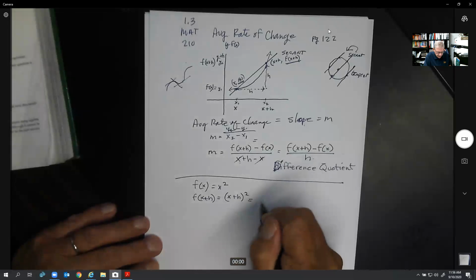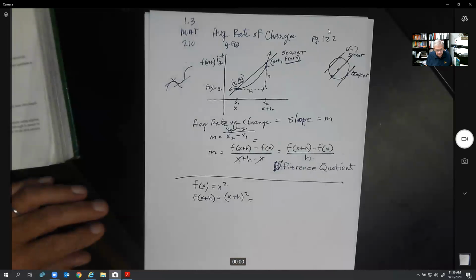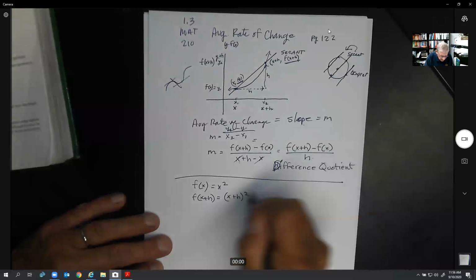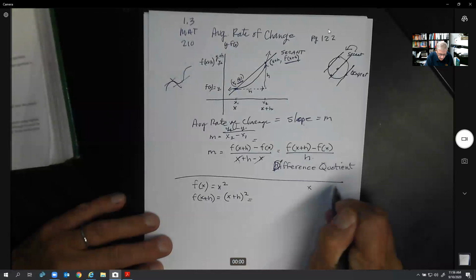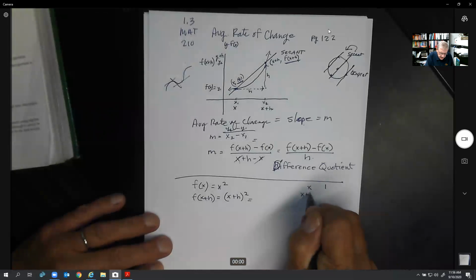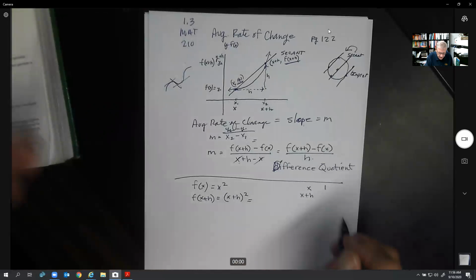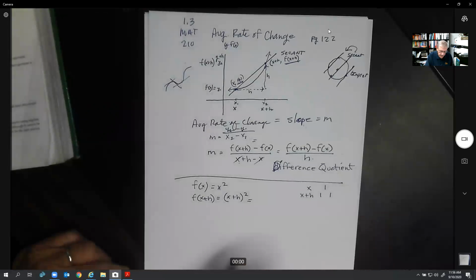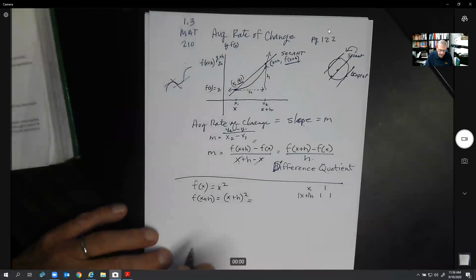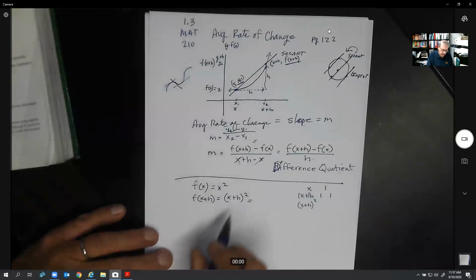What would that be? Well, let me show you something else, because we're going to be using it. When you just had x, it's 1. When you have x plus h, X plus h just by itself would be 1 and 1, the coefficients. What if I have x plus h squared? What's the expansion of that?